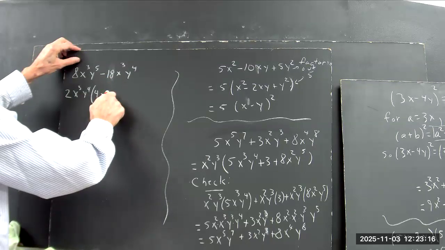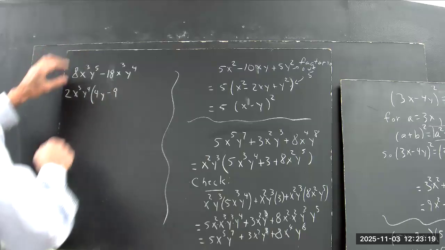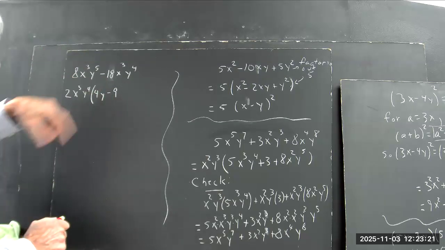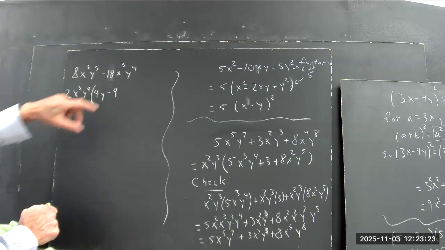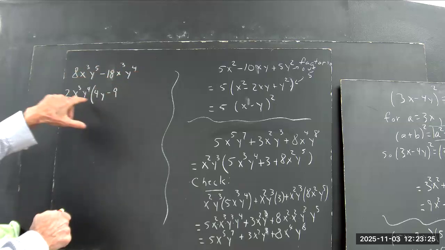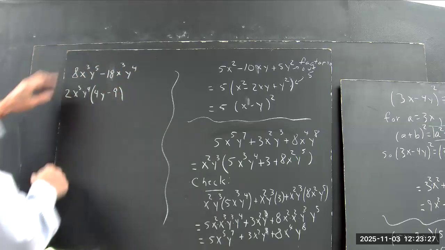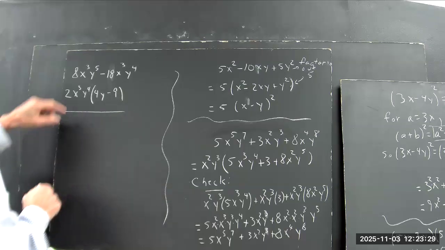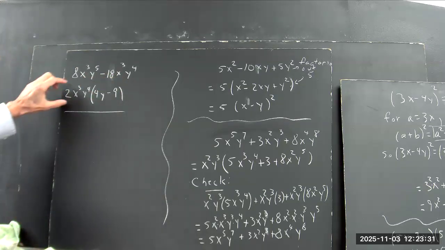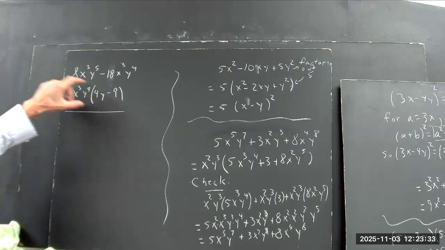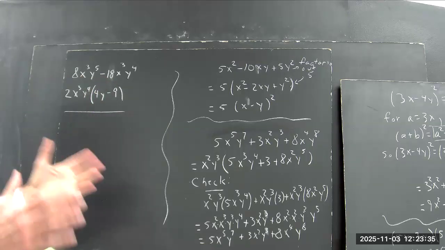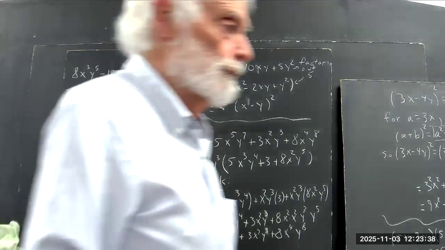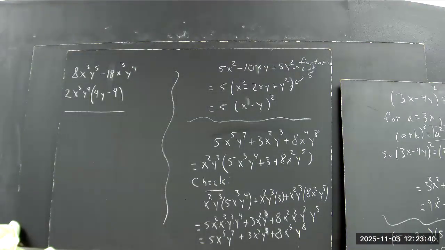Over here, we're going to need -9, since 2 times -9 gives us -18. And we have x cubed y to the 4th already, so that's all we need. So there it is. And if you do the distributive law, this times this, minus this times this, it's going to work out. So you want to check it. Make sure you do all those steps so that you retain everything well.